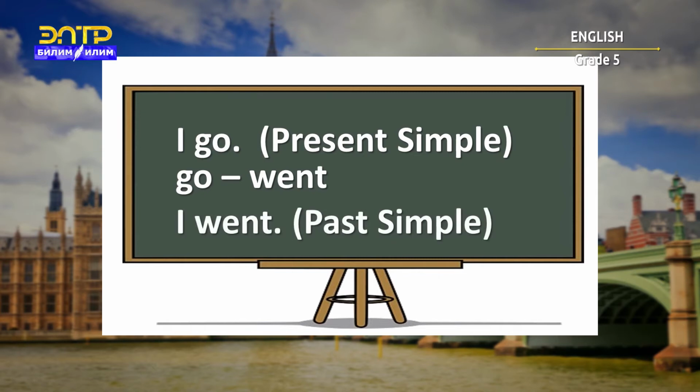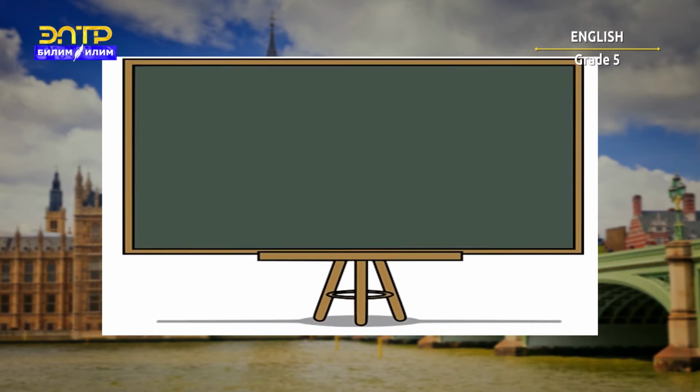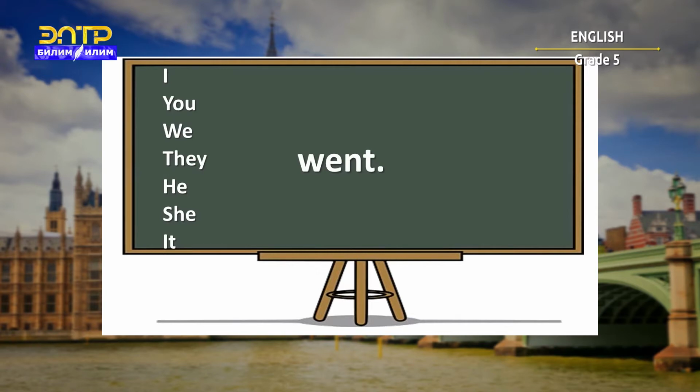We say, I went. Go becomes went. And again, it will be the same for all of the subjects: I went, you went, we went, they went, he went, she went, and it went.